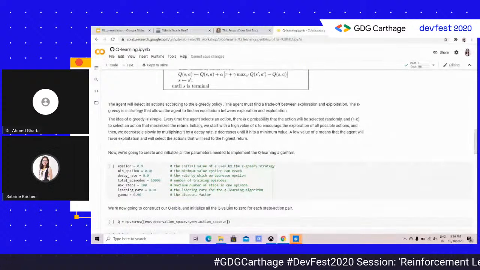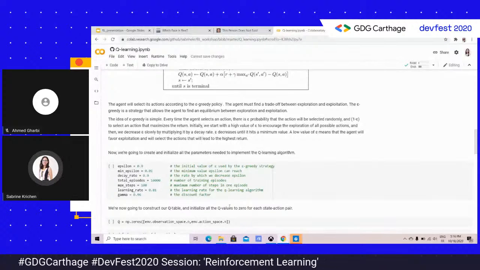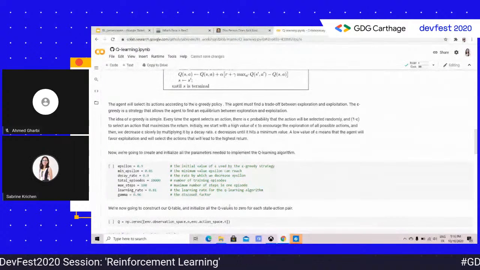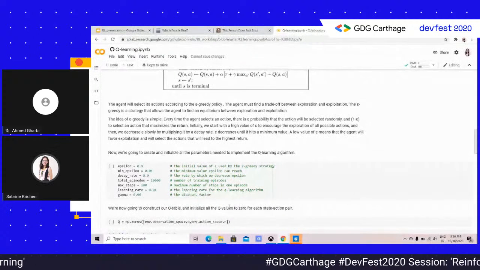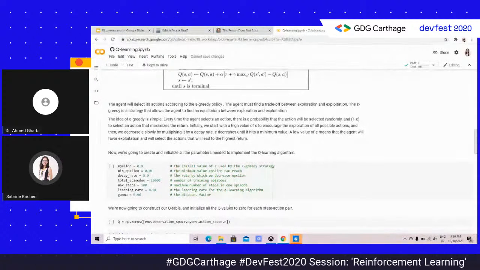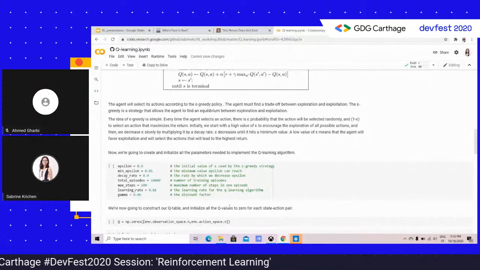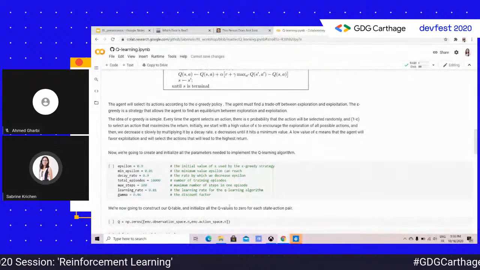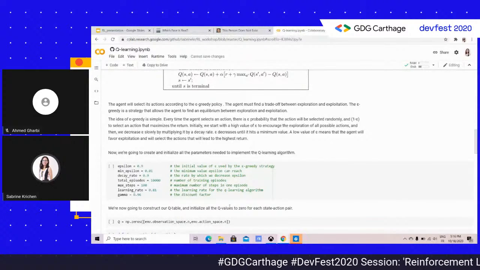We have also the decay rate, the rate by which we decrease the epsilon. Of course, here we're talking about an episodic task, and we're going to train our agent for different episodes. Here we've chosen to train him for 100,000 episodes.